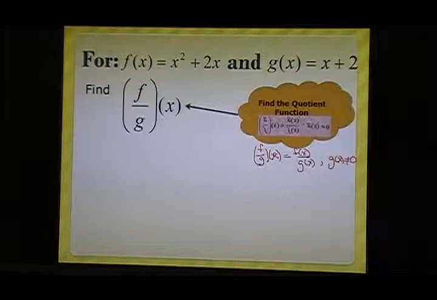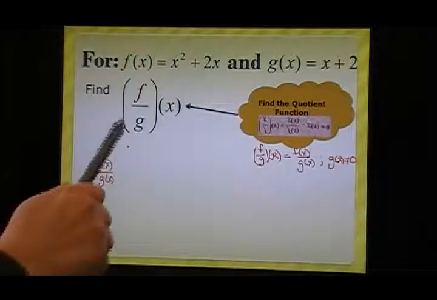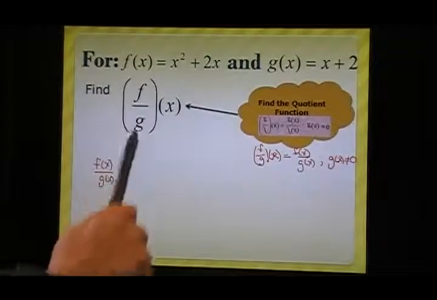So f of x over g of x is what we need to do to find this quotient function.